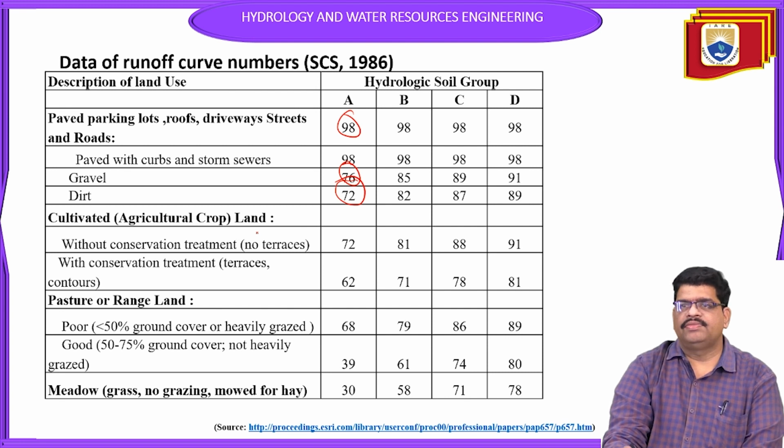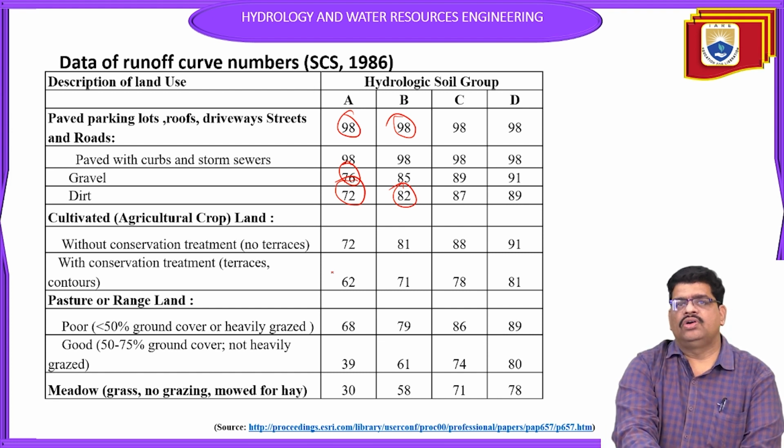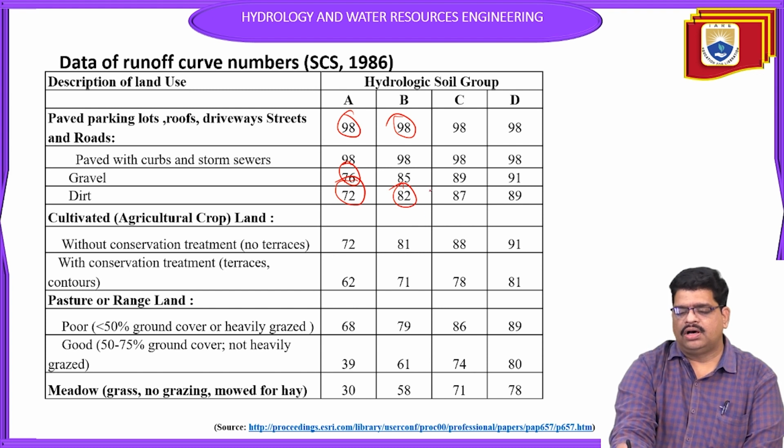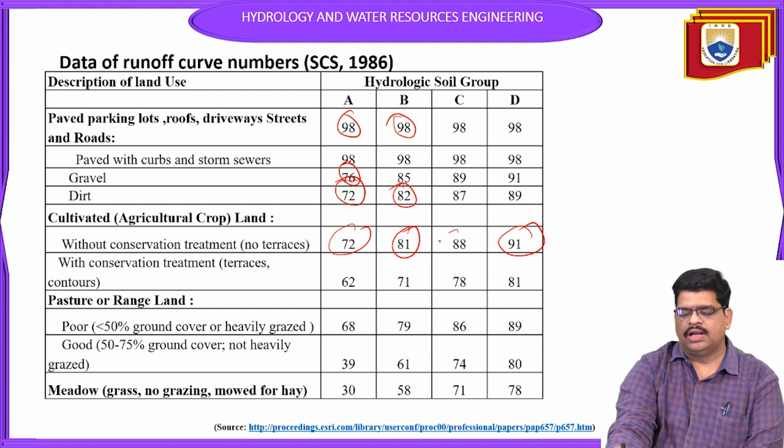If it is B type of soil, it can be 98. It can be 82. And again, without conservation treatment, it is 81, 82, 91 and 88 also.